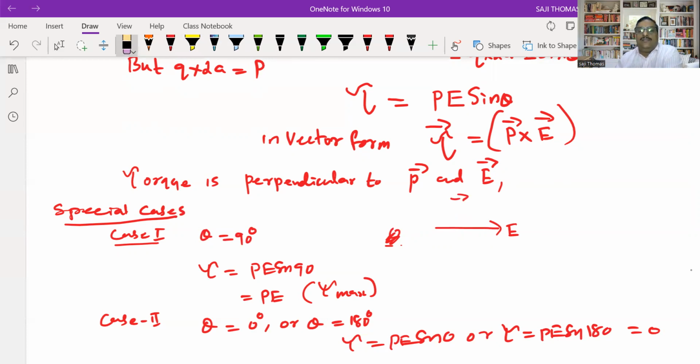So when the dipole is placed perpendicular to the electric field, there is maximum torque. In the second case, the electric field and dipole moment are parallel or anti-parallel. Then the torque is 0.